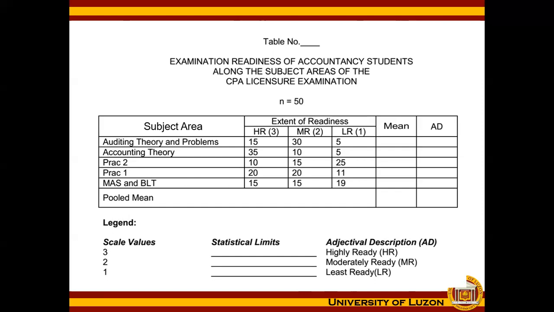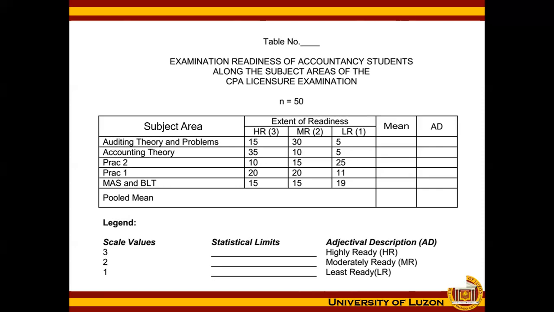perhaps, okay? It's possible that the number is less than the total sample, especially when one or some of the respondents did not answer this particular item.